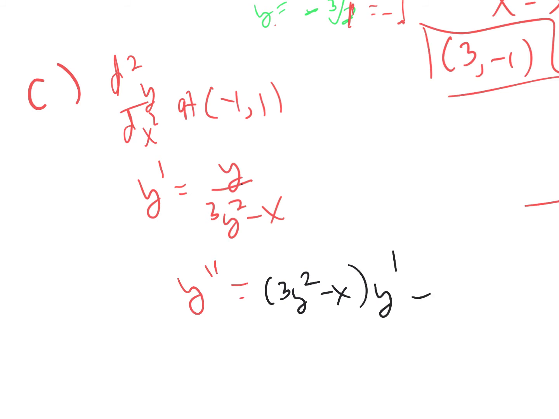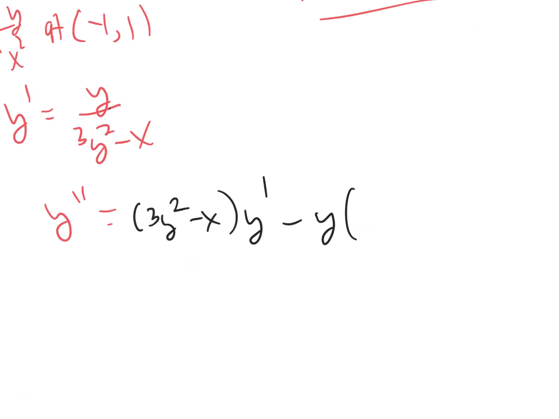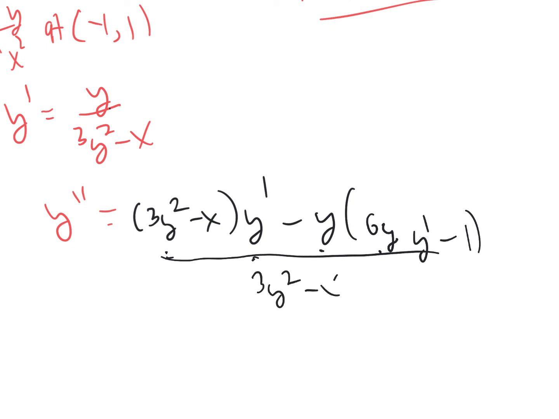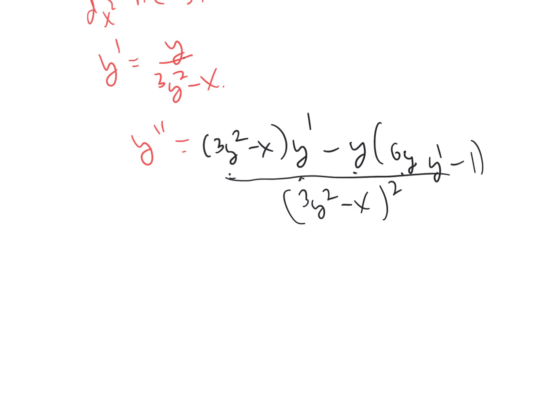And then it's minus the top, which is y, times the derivative of the bottom, left to right, 6y dy/dx. Oh, wait, why am I switching it? I was doing y prime to keep it easy. 6y y prime minus 1. So there's the bottom times the derivative of the top, minus the top times the derivative of the bottom. Oh, I still have to divide all that by 3y squared minus x, and I have to square that. So let's simplify.